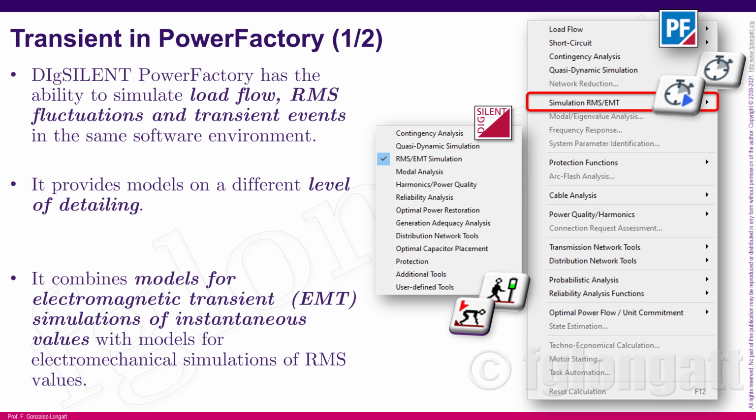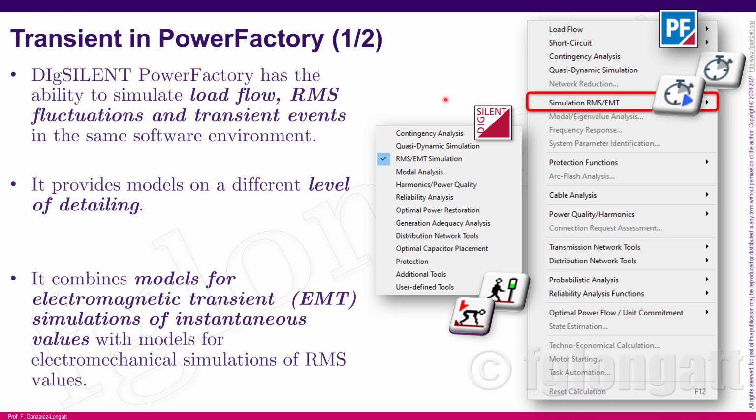The most recent version at the moment we are creating this video is version 2021 service pack 1. In that version, you will find an icon at the top of the toolbox with a set of calculation functions called simulation, RMS, and EMT. You will notice the icons are very different compared with the oldest version.